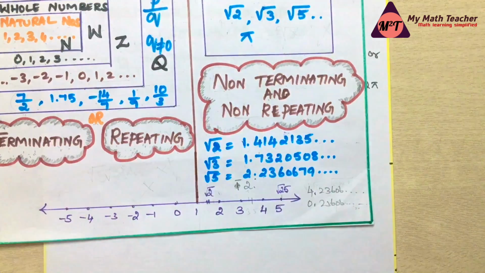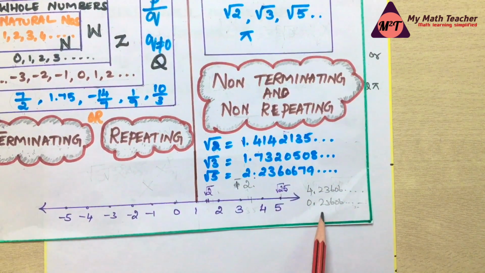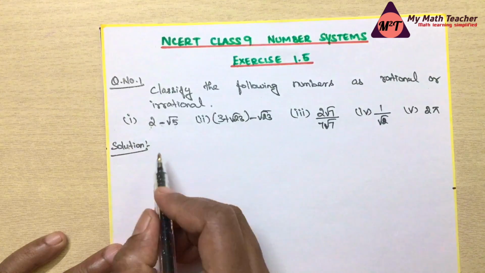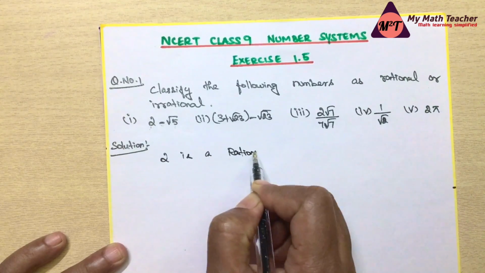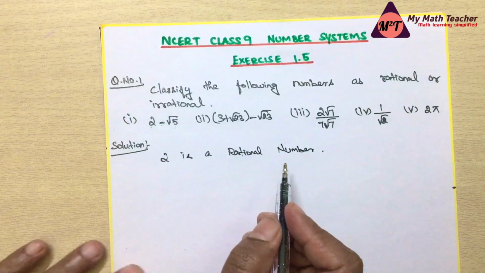So this is the logic which we are going to apply in solving the questions. We can say 2 is a rational number, whereas root 5 is an irrational number.